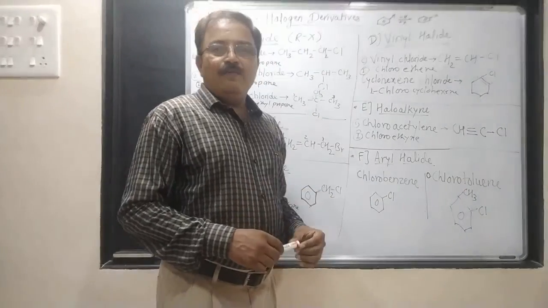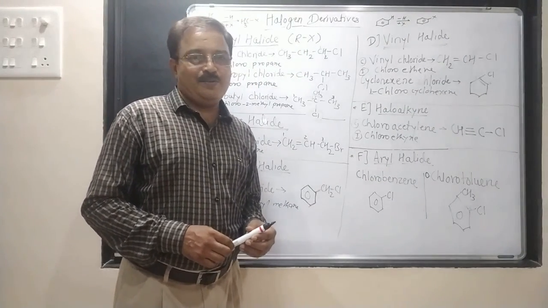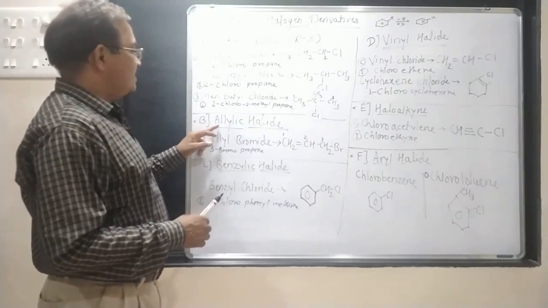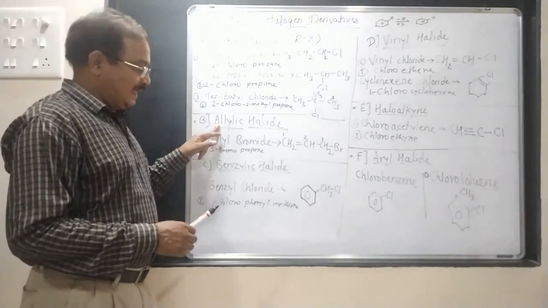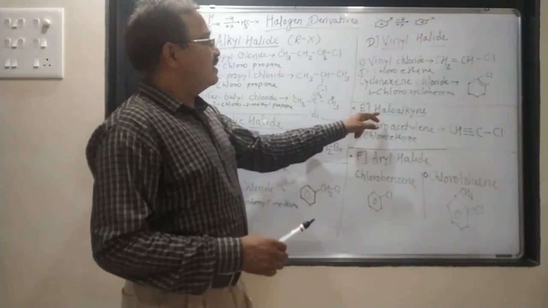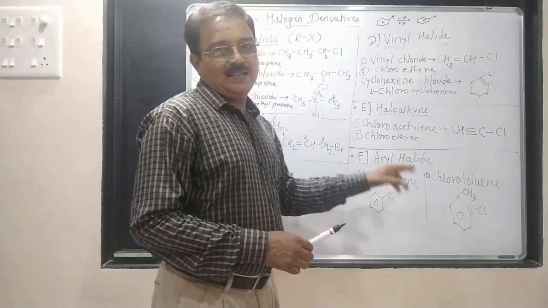So here we have studied 4 types of halogen derivatives. The first one is haloalkanes, the second one is haloalkenes, the third one we have studied is haloalkynes, and aryl halides.